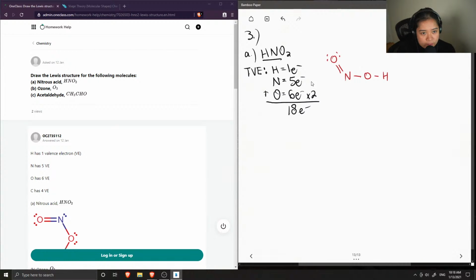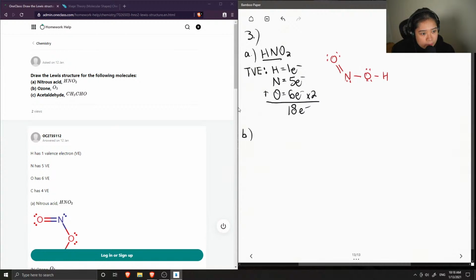And now I'll just fill in all of the lone pairs. And then we can count out all the number of electrons to make sure that they equal 18. Okay, so each bond contains 2 bonding electrons, so we have 18 electrons shown. And everything is neutral as well. So this is the correct Lewis structure for nitrous acid.